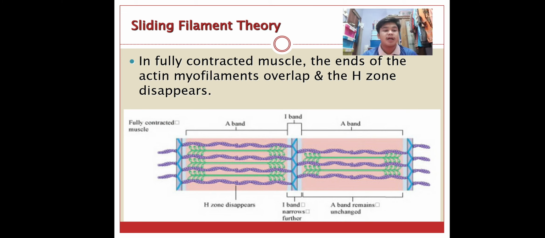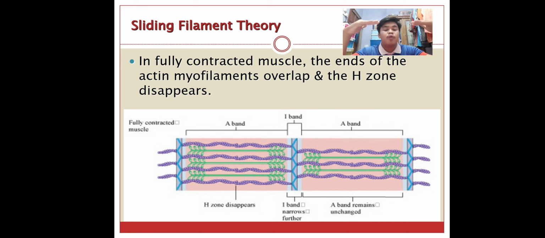Okay, in this slide, you can see the structure when full contraction happens. It says that in fully contracted muscles, the ends of the actin myofilaments overlap and the H zone disappears. Imagine before the full contraction occurs, this is the actin myofilament, and this is the actin myofilament, with an H zone in the middle.